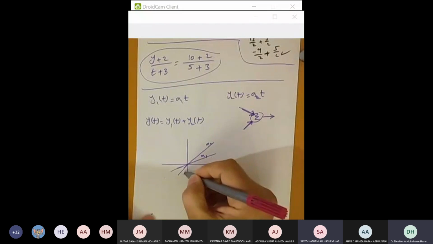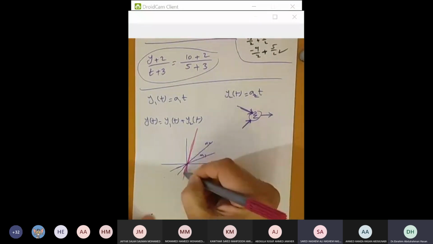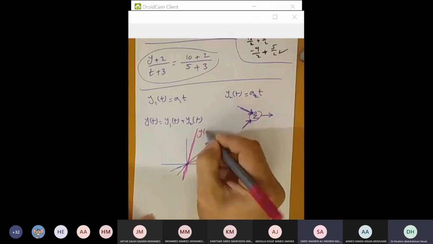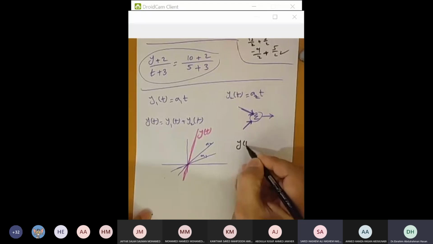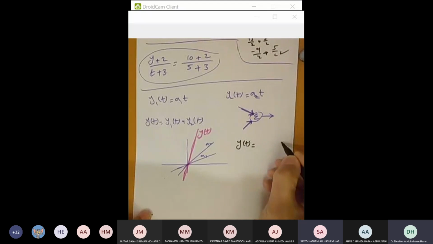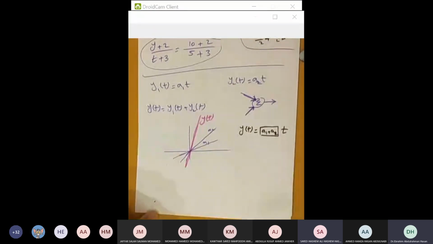So this is the resultant, the line which is y of t with a slope equal to a1 plus a2. The point I am saying is that adding two lines, you will get again a straight line, but the slope will be the addition of slope 1 and slope number 2.